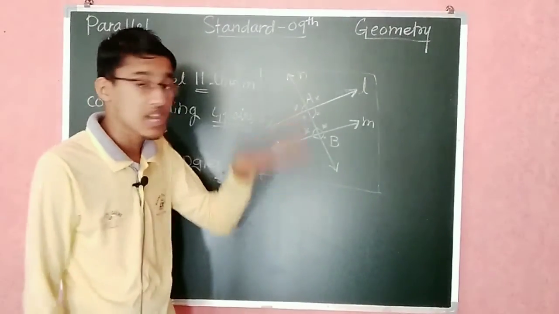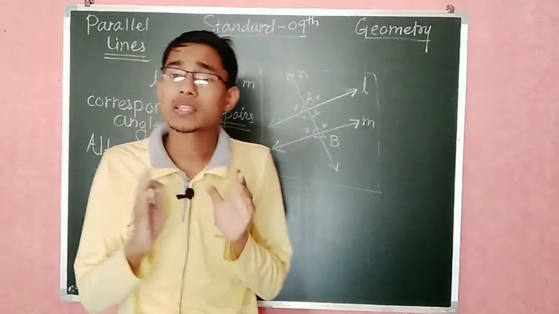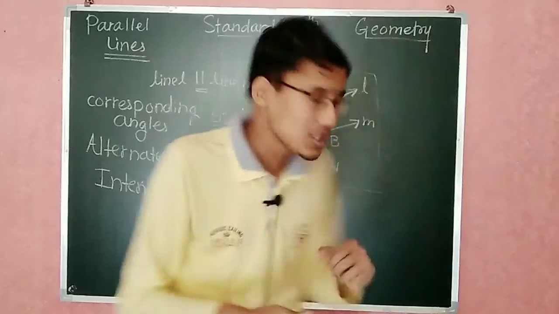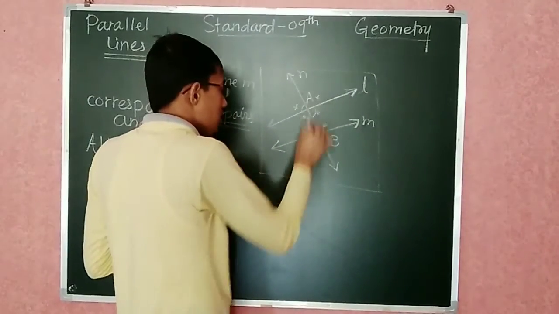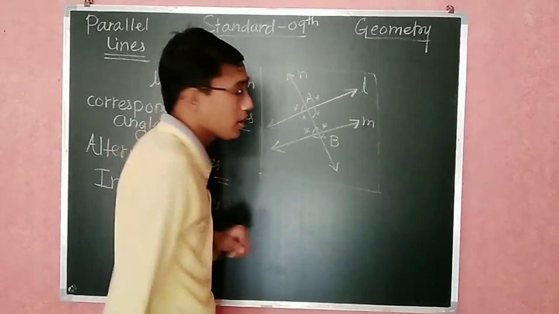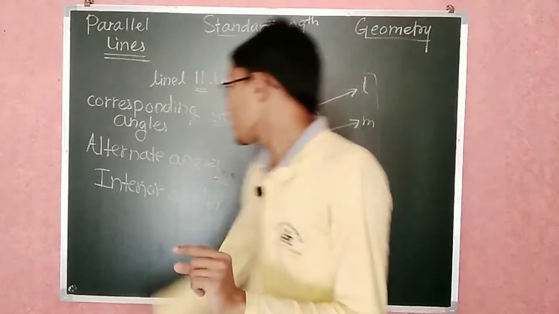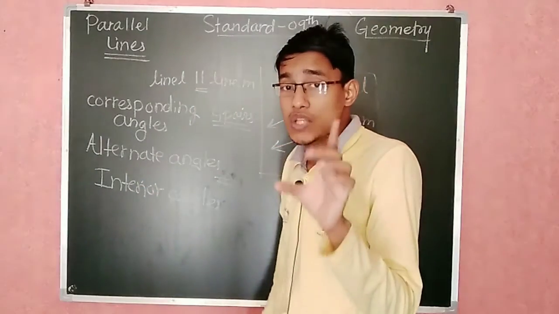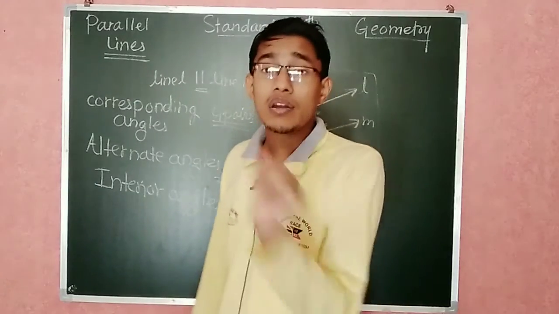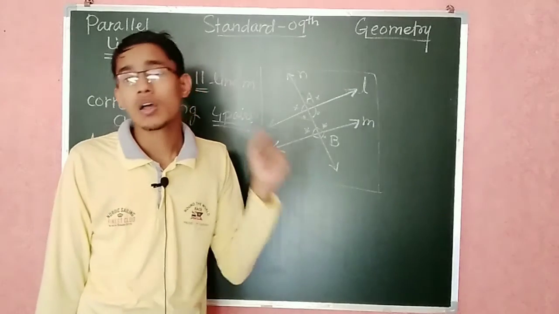These are interior, that means between the two parallel lines. Another type is exterior alternate angles, which are above and below the parallel lines. This angle and this angle are alternate angles, and this is also a pair of alternate angles. So whenever a transversal intersects two parallel lines, two pairs of interior alternate angles and two pairs of exterior alternate angles are created.